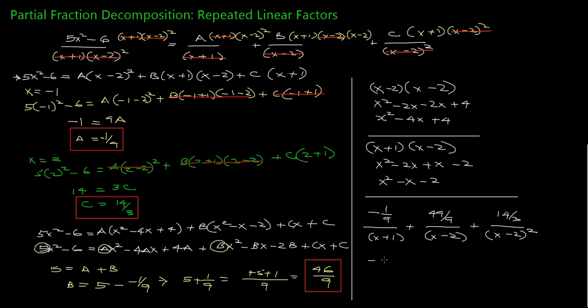Simplifying, we have negative 1 over 9 in brackets x plus 1, plus 46, sorry, over 9 in brackets x minus 2, plus 14 over 3 in brackets x minus 2 squared.